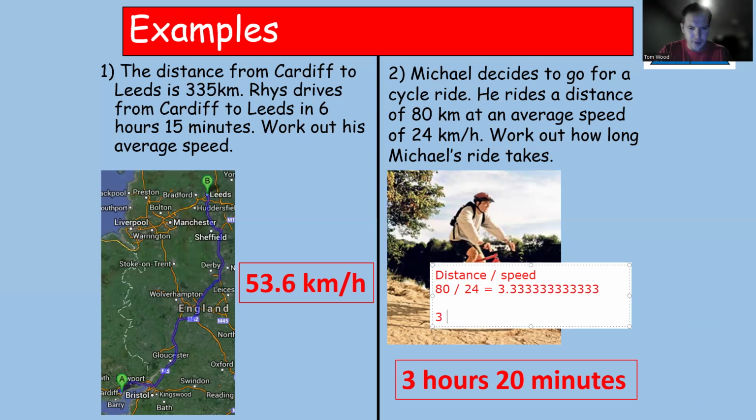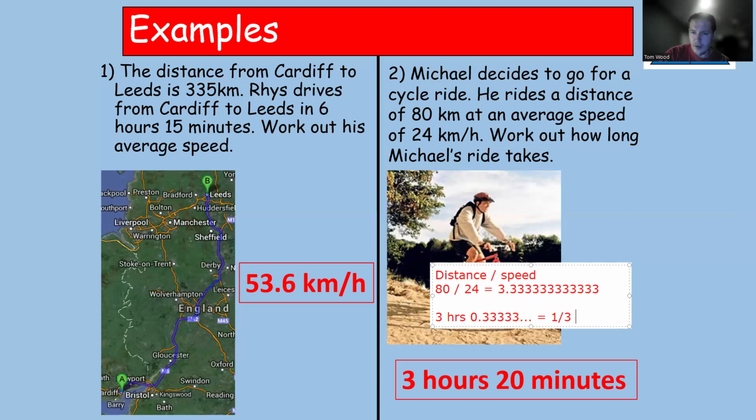I know I've got 3 whole hours, but 0.33333 recurring is the same as a third. And a third of an hour, I could find by 60 divided by 3. That tells me it is 20 minutes. So 1/3 of an hour, you can imagine it on a clock: 20 minutes, 20 minutes, 20 minutes, that's 60.